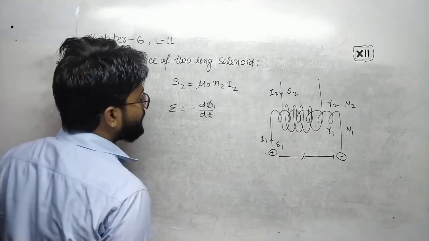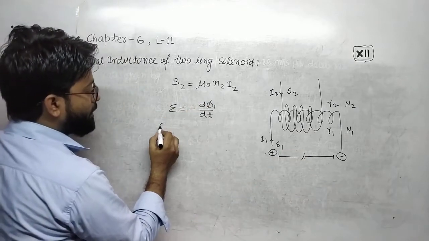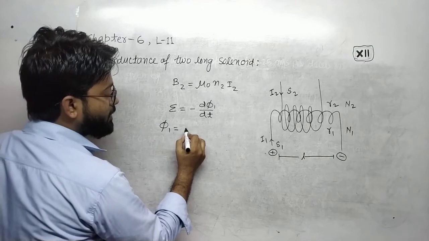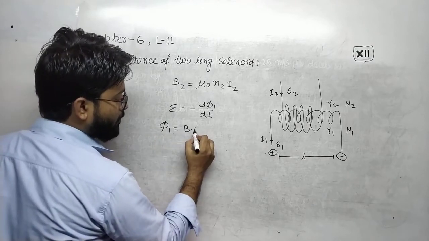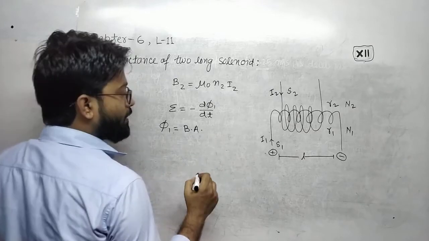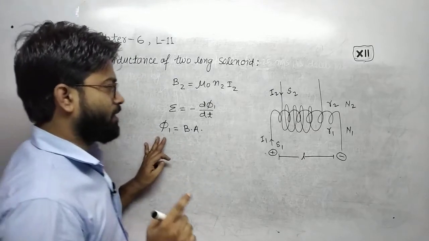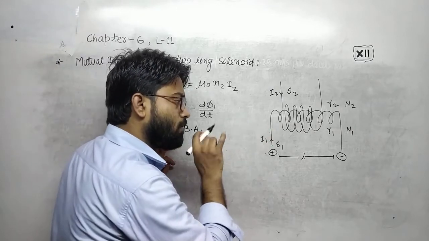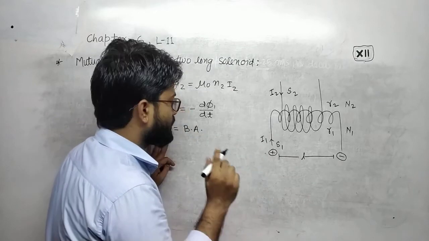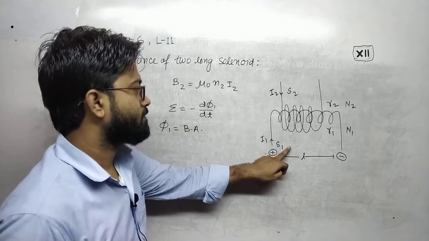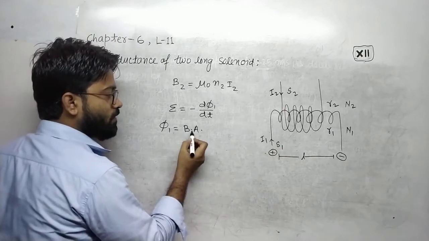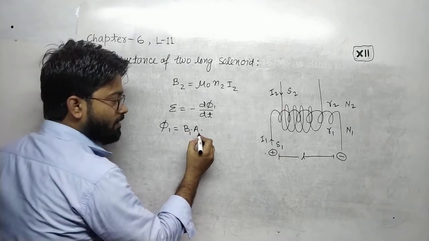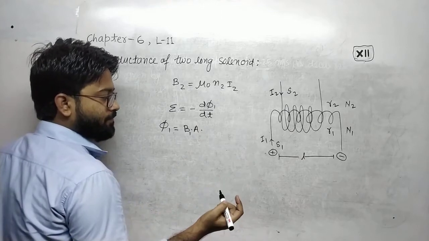To calculate phi 1, phi 1 is equal to magnetic field into area, the flux in this coil in one turn, that is phi 1 equals B1 A, where A is the area of cross section.